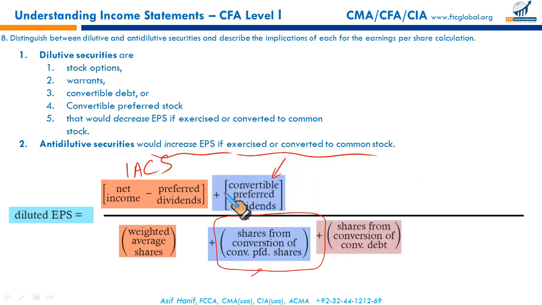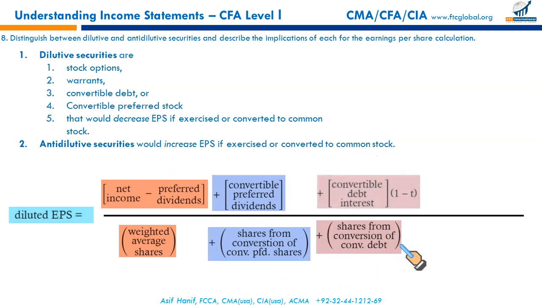Likewise, if we have convertible bonds that will be converted into shares, this will be added in the denominator. Like we have 1,000 bonds that will be converted into 10,000 common stock. So this 10,000 will be added in the denominator for the diluted earnings per share calculation.